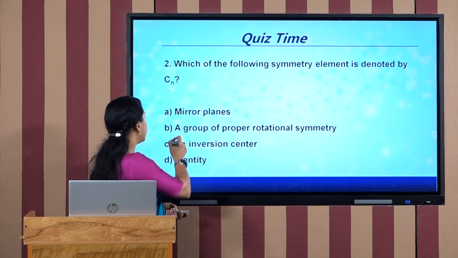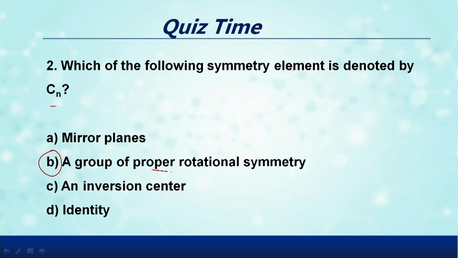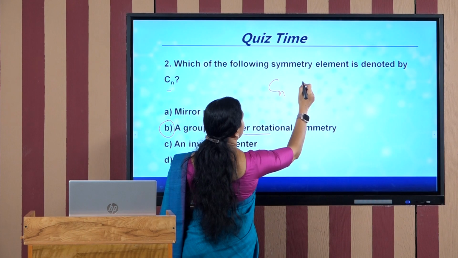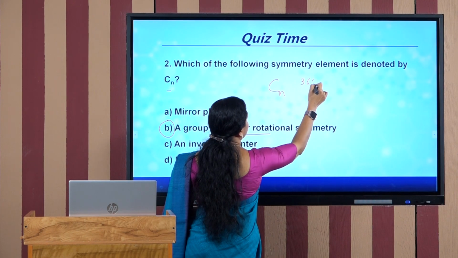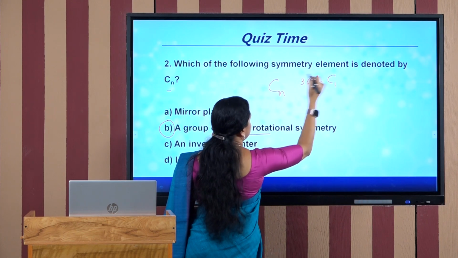So, option B, that is a group of proper rotational symmetry, is denoted by the symbol Cn. If the rotation is through 360 degrees, then this is denoted as C1.